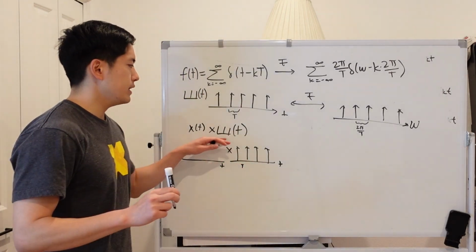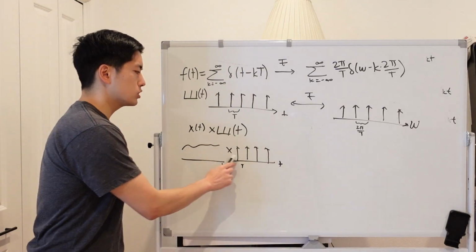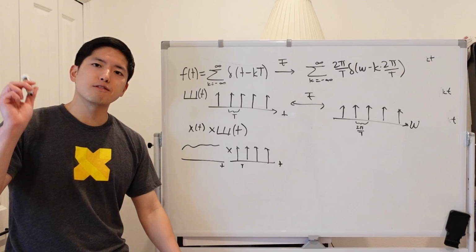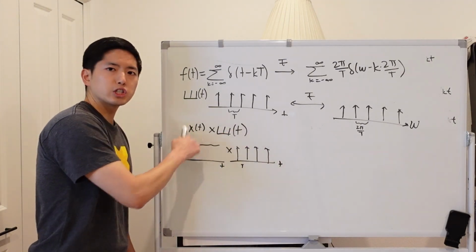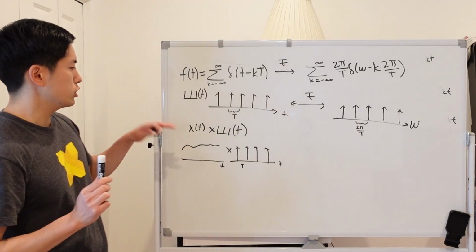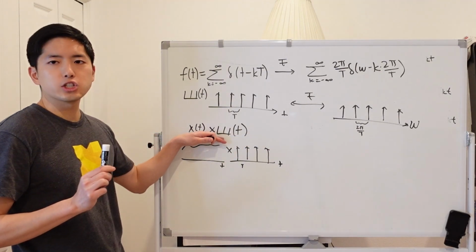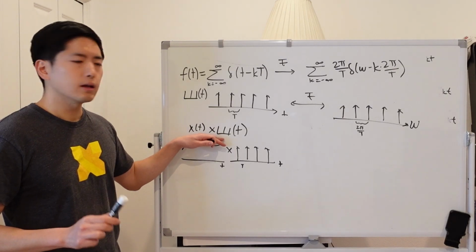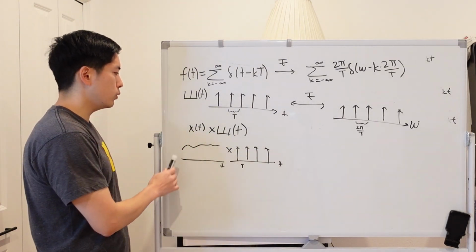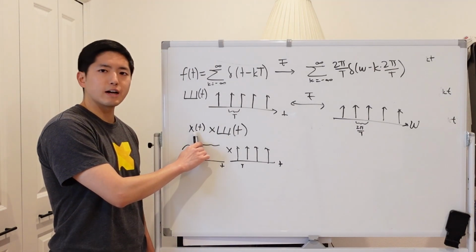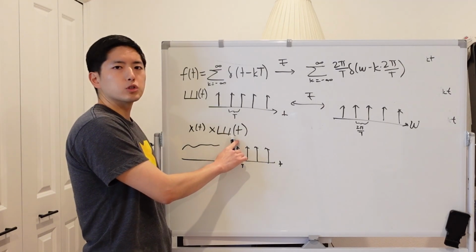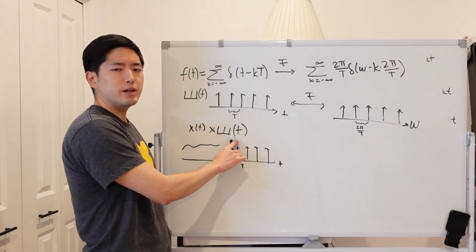Now, what is happening in the frequency domain when I multiply by an impulse train? It turns out if you take a Fourier transform of this expression, the multiplication becomes a convolution, and you have the convolution between the frequency domain signal of x of t and the frequency domain signal of your impulse train, which is another impulse train.